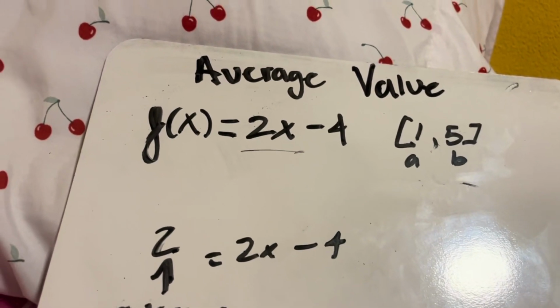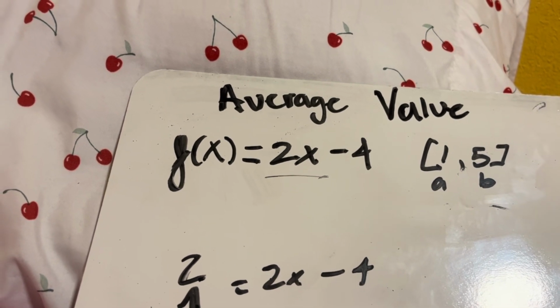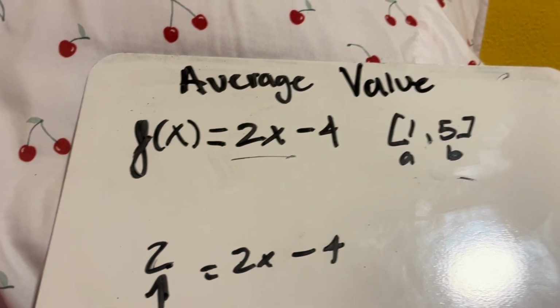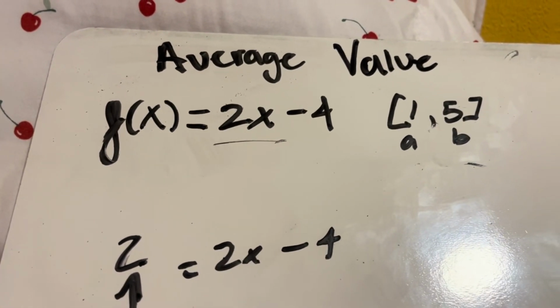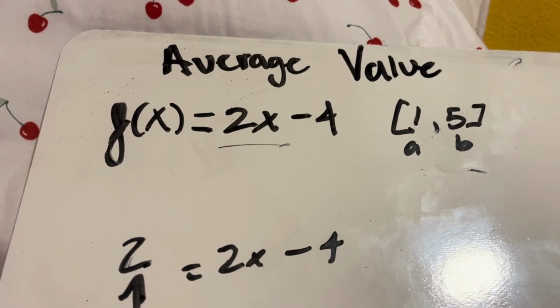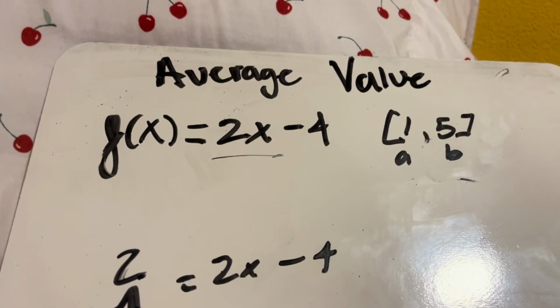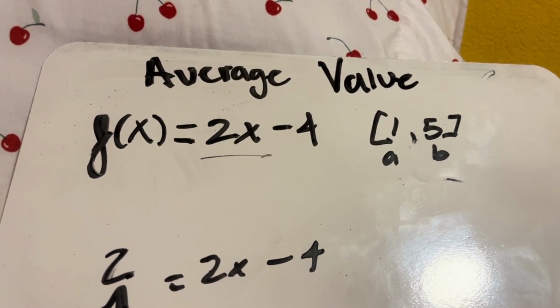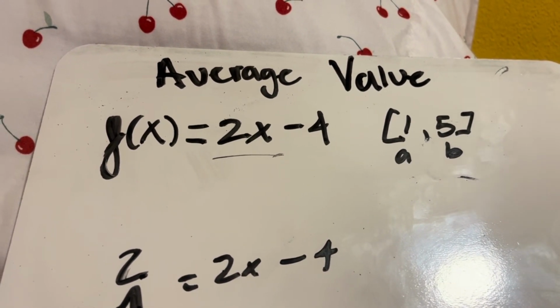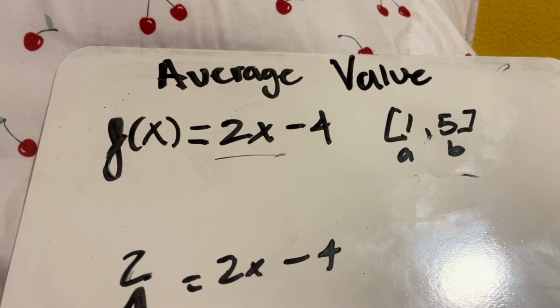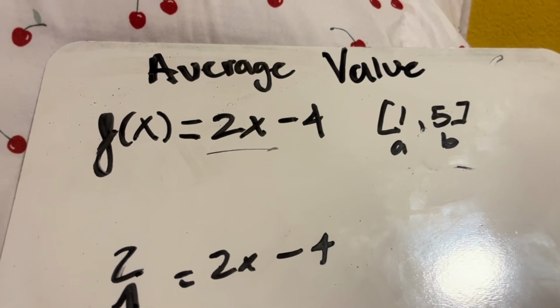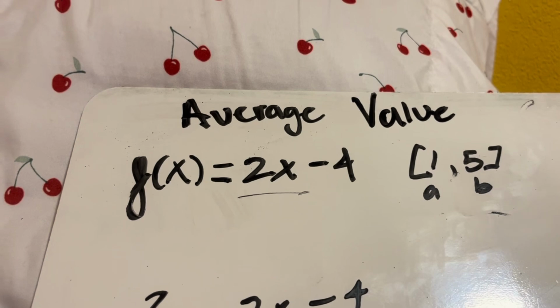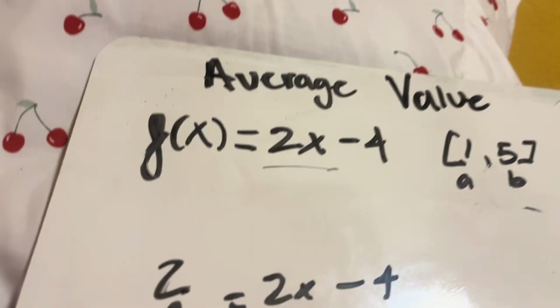Alright, so next we'll be solving how many teaspoons of cinnamon we need through average value. The function that we have is f of x equals 2x minus 4, with the interval from 1 to 5. We are double checking for C though, because we need 2 teaspoons, so we'll be fact checking that with an interval between 1 and 5, which will be our C value.